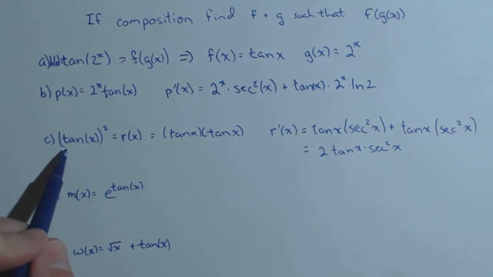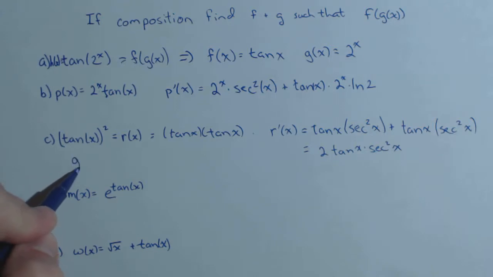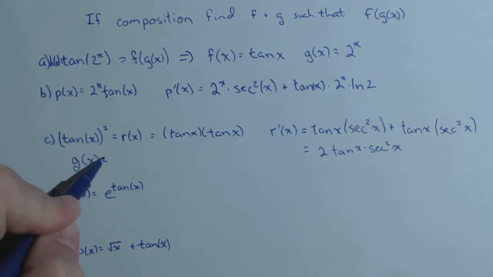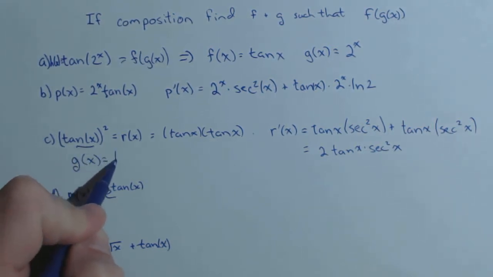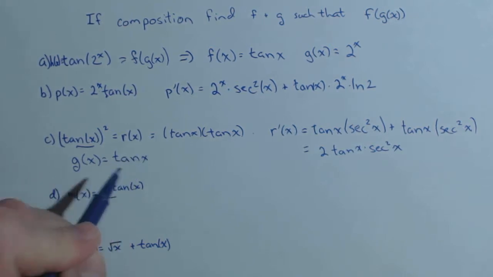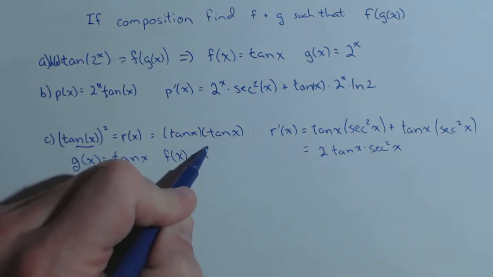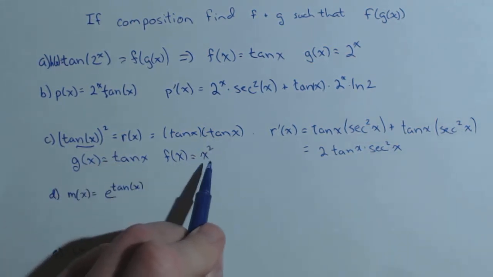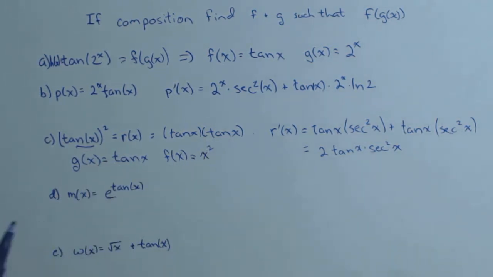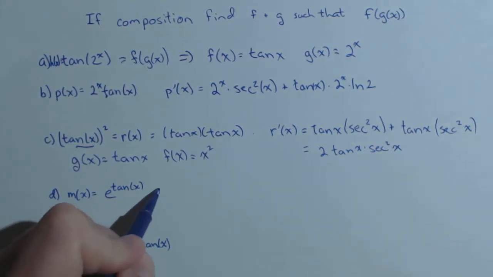We could also look at it as a composition. We're using the inside function, we're calling it g still. G of x would be the inside function, which would be tangent of x. Therefore, the outside function f would just be x squared, because what's happening is tangent is getting put in as the input and being squared. M of x is a composition.